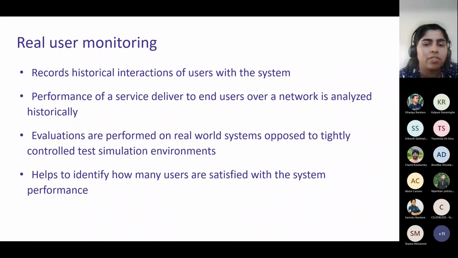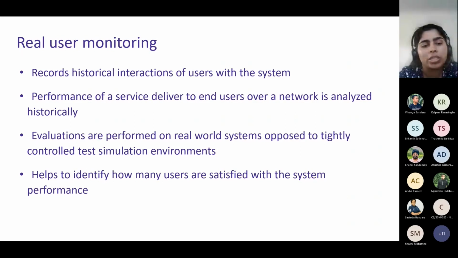So performance of service delivered to end users over a network is analyzed historically. The same thing, monitor the behavior of the system using the historical data. Evaluations are performed on real world systems as opposed to tightly controlled test simulation environments. When we do the load test, we do several load tests to make sure systems work smoothly.